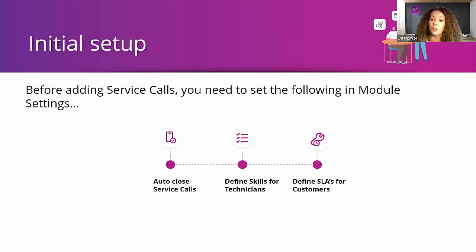When you set up a service call and assign that technician, if they don't meet all the requirements for the skill set, you will get a red line error and it will stop you from adding the service call. So really that's just another way of ensuring compliance, that the right person can carry out the right job at the right time.